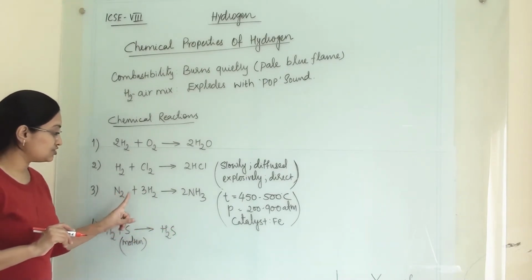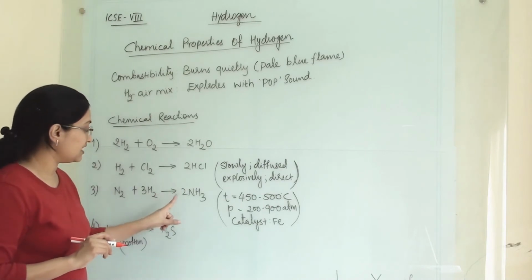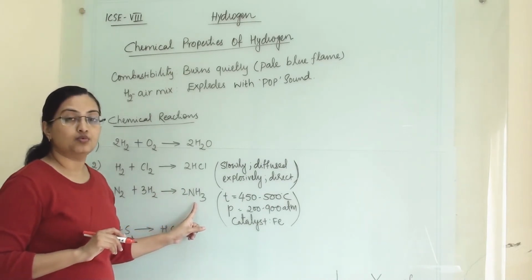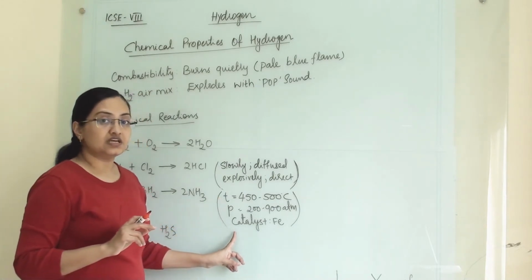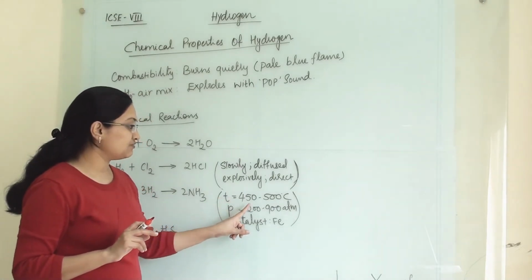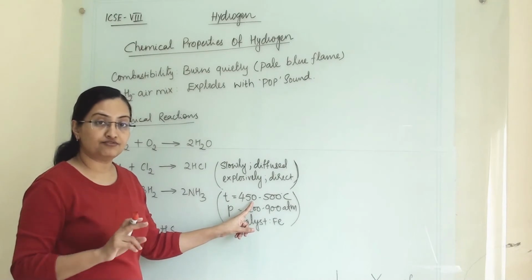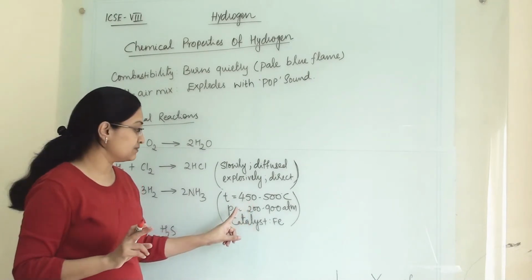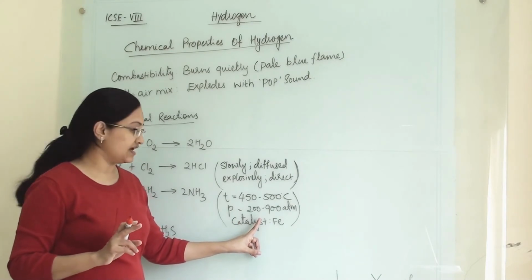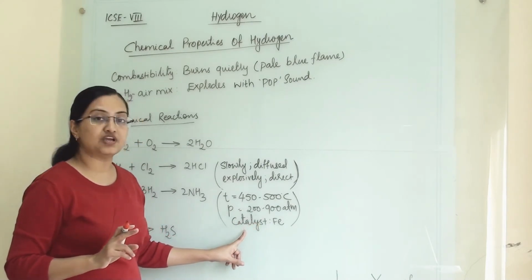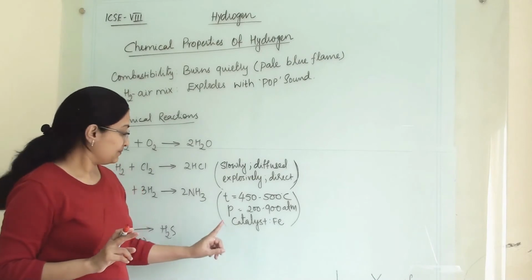So nitrogen will react with hydrogen and give us ammonia, a basic product. The conditions for this reaction are a temperature of 450 to 500 degrees Celsius, a pressure of 200 to 900 atmospheres, and the catalyst we are using is Fe.